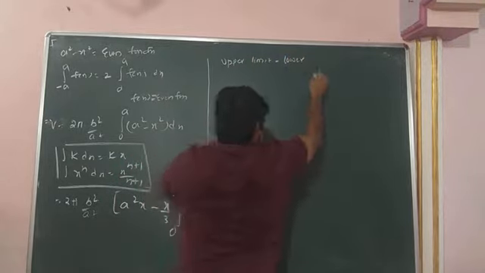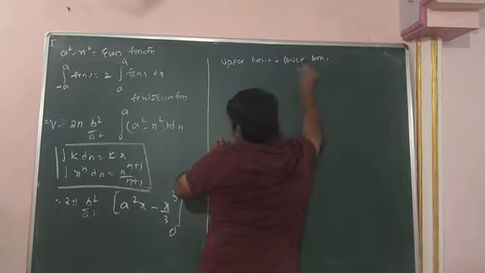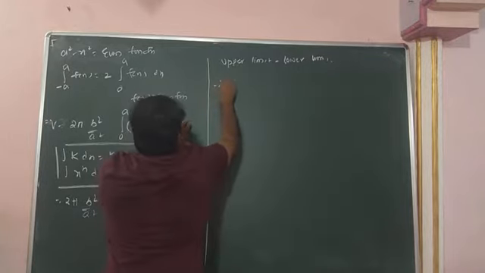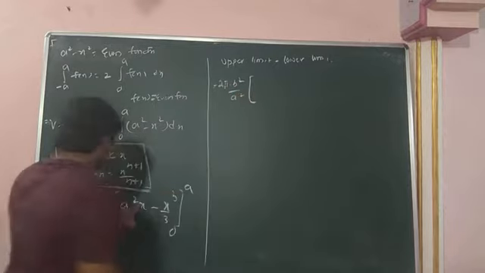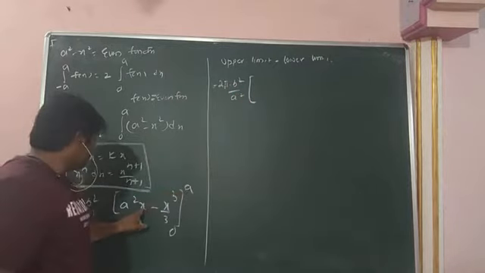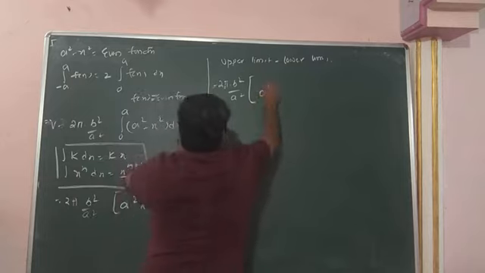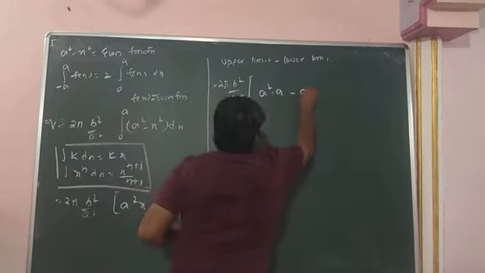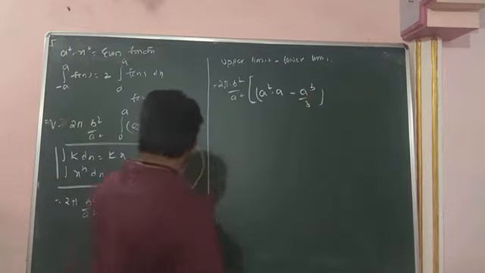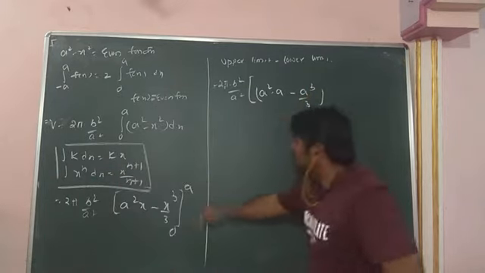That is 2 pi into b square by a square. What is the upper limit? a. So a square into a minus a cubed by 3. This is the upper limit. Minus the lower limit. What is the lower limit? The lower limit value equals 0.